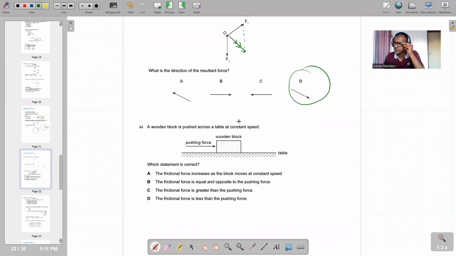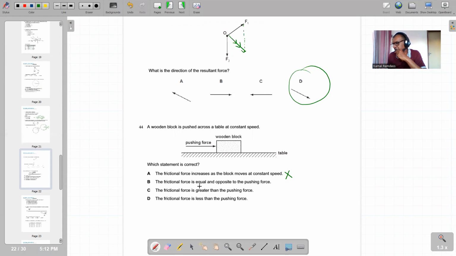A wooden block pushes across a table at constant speed. Which statement is correct? The frictional force increases as the block moves at constant speed. Non, non, pas capable. Sinon, it would decelerate. Et puisqu'il y a constant speed, no resultant force.